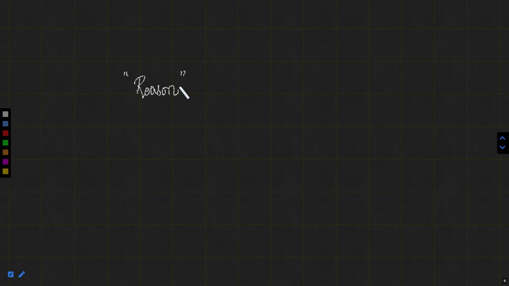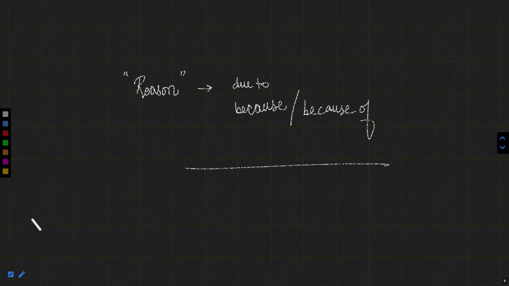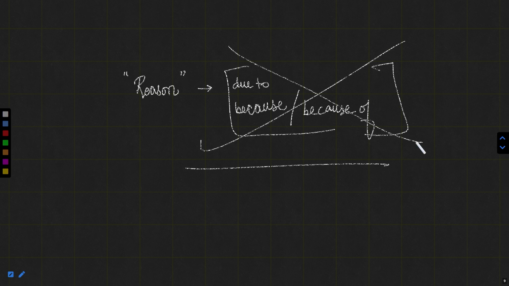And if it is given to us, we cannot write words like "due to", "because", or "because of" in that sentence, because the reason itself shows that the statement which is given to us is the reason behind the action or the cause. So these words cannot come in the same sentence in which the word "reason" is mentioned.